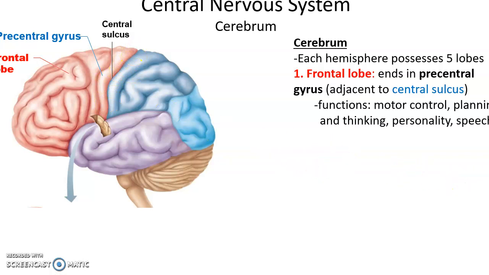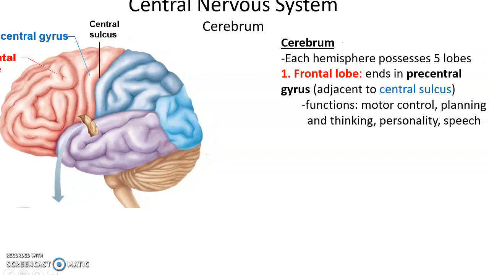The functions of the frontal lobe include such things as motor control. So the precentral gyrus controls motor commands to the skeletal muscles. It includes planning and thinking, reasoning, personality, speech. The frontal lobe is very much the thinking lobe.